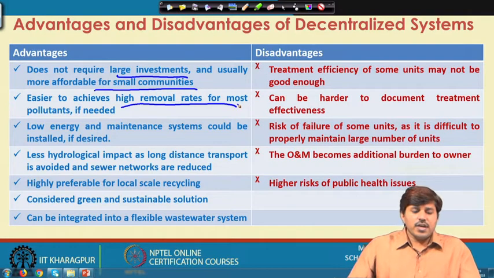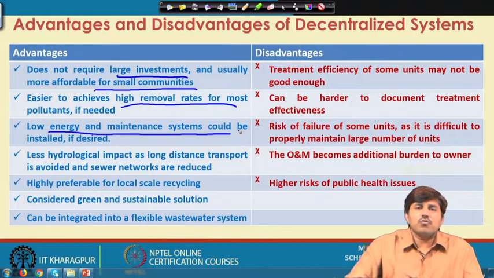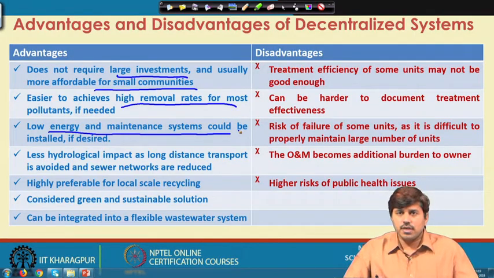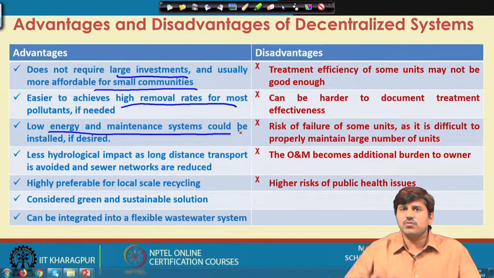In the same way, if desired, a low energy and low maintenance system could also be installed. In place of a conventional centralized treatment facility where we go for the activated sludge process, which uses a lot of energy, we can go for low energy and low maintenance systems in the form of, say, wetlands or anaerobic processes, where the energy requirement is low, if our reuse quality criteria permit that.